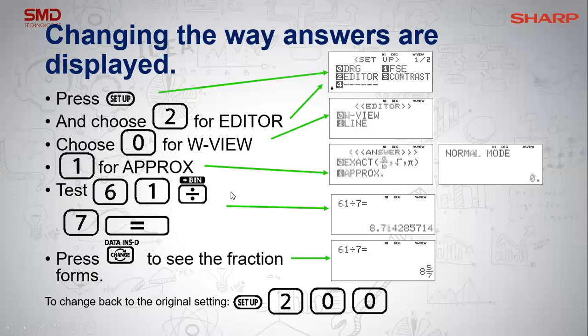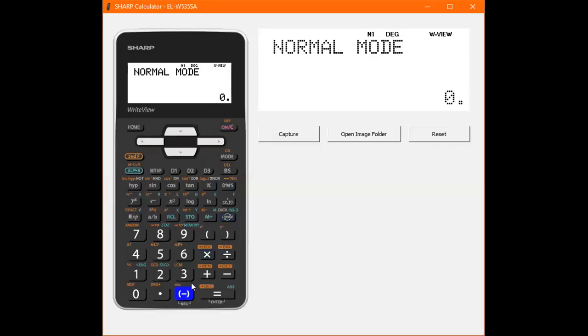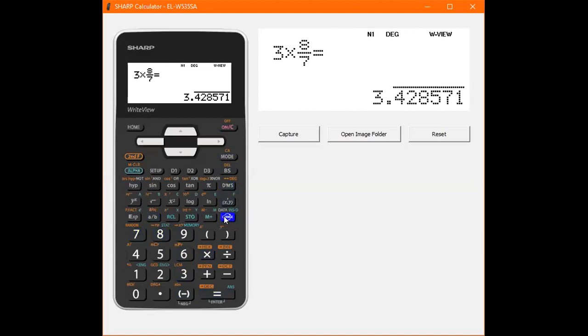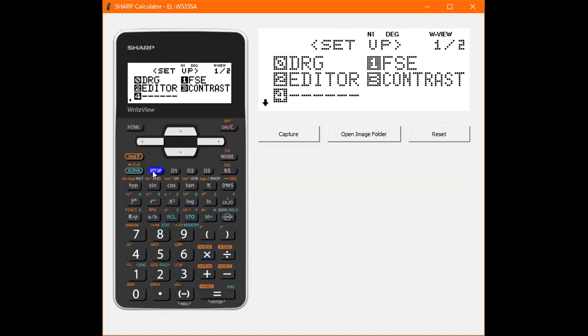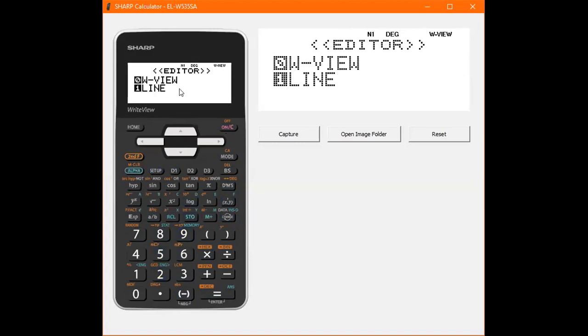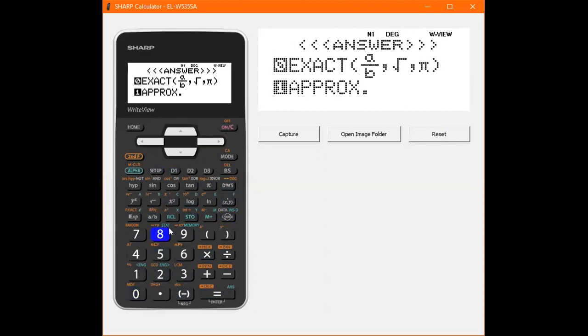Now, I often get asked, can we change the way that the answer is given? Because when we do a calculation, it always gives us the answer as a fraction or a surd first, and then we have to change it in order to get a decimal. So you can set up your calculator by pressing Setup, choosing 2 for editor, choosing 0 for right view, and then instead your calculator is set to exact.